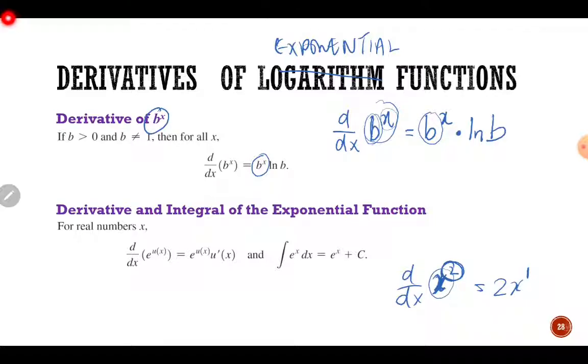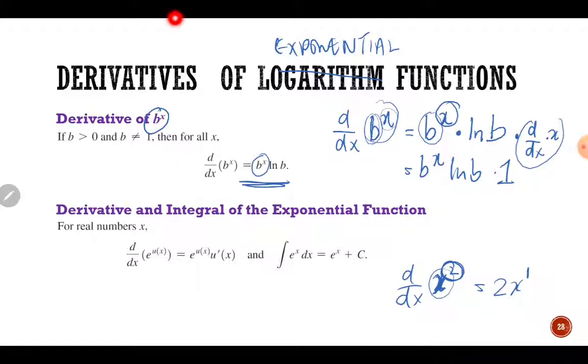And actually you need to differentiate d/dx of the power, d/dx of x. But here it becomes b to the power of x, ln b, and d/dx of x is 1, that's why it isn't written. But importantly, you should write it. So b to the power of x times ln b is the answer here. For the exponential function with base e, the formula is like this.